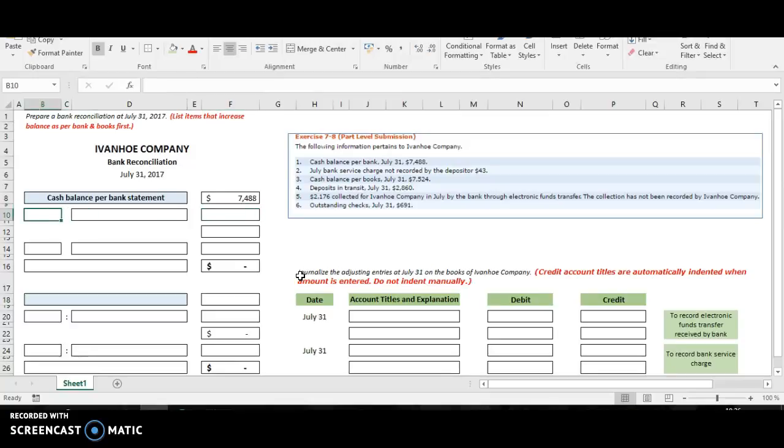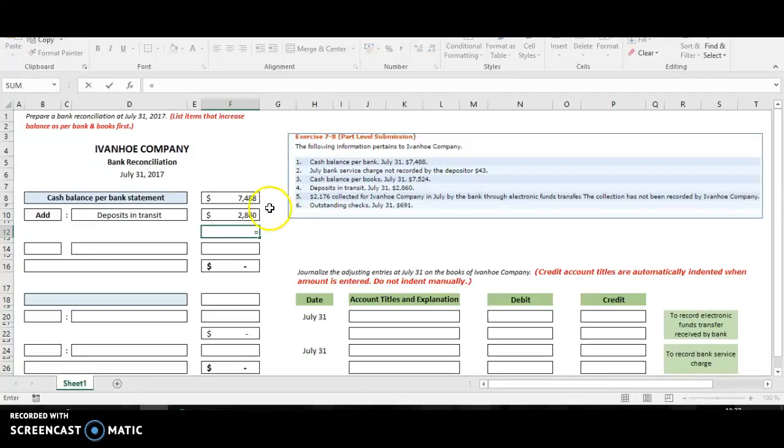To that, we're going to add the deposits in transit, which we have here in number 4, which is $2,860.